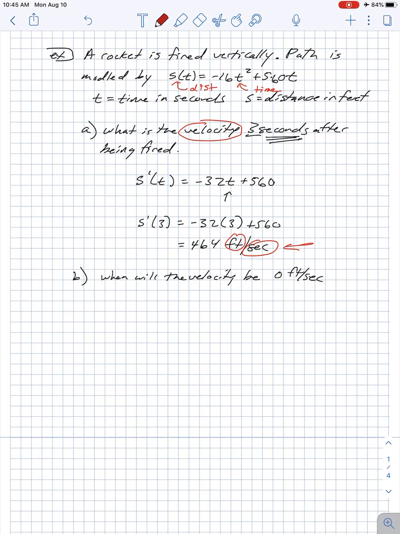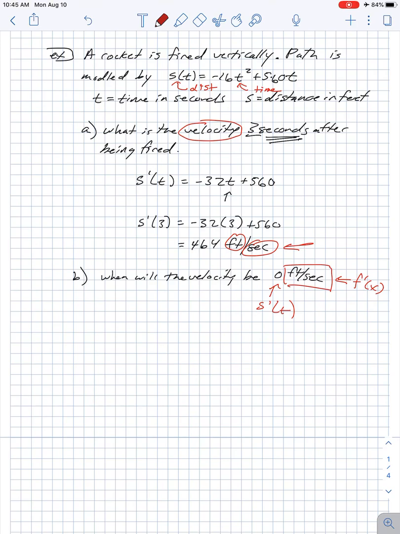So in part B, when I say when will the velocity be 0 feet per second, I see this label and I go, wait, that's distance over time. This is my first derivative. So I want to plug this in for s prime of t. See how I'm using the labels to figure out where to plug it in?